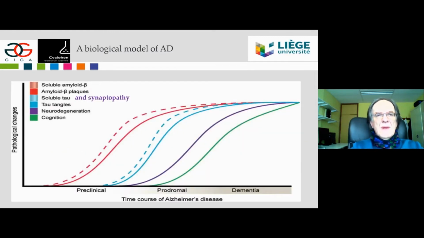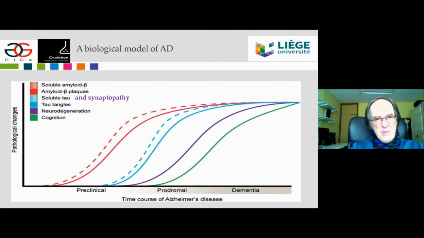If you remember, the biological model of Alzheimer's disease we discussed some weeks ago tells you that the pathology itself is probably coming from abnormal proteins and abnormal processing of proteins.